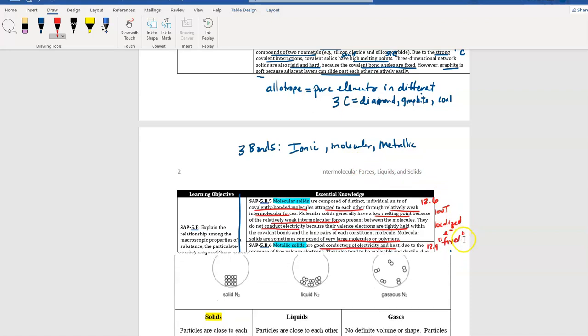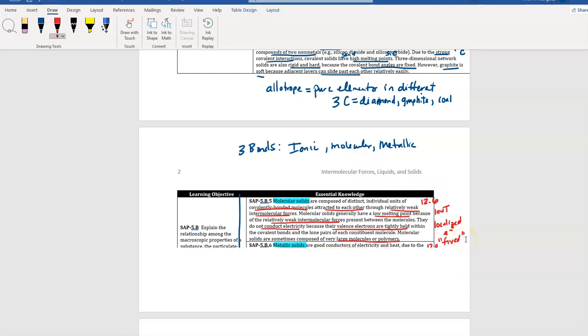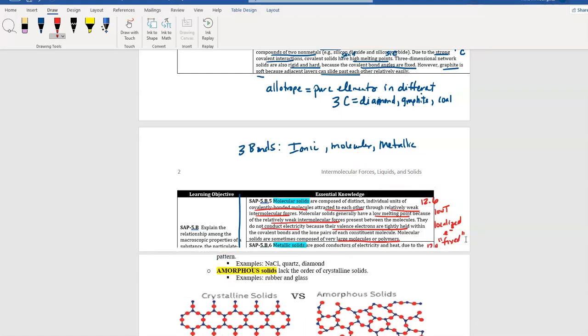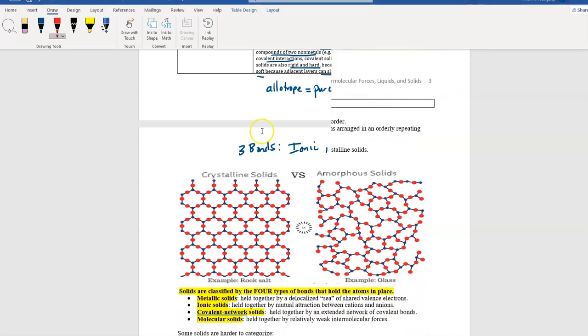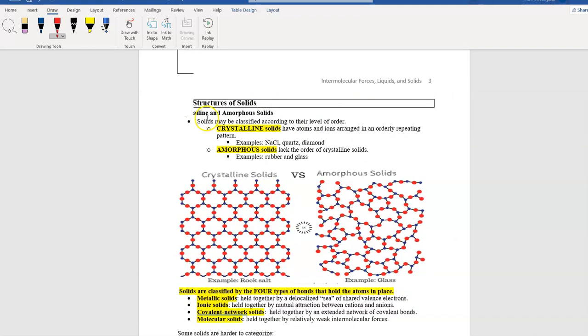So you're going to go through here, ladies and gentlemen, and read and annotate each one. You're first going to start with crystalline and amorphous solids. I know these two words sound familiar because we talked about them last year. As you go through these notes, pay close attention to the structures and patterns.